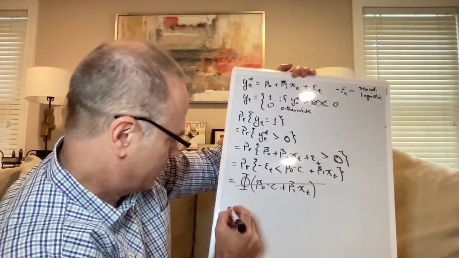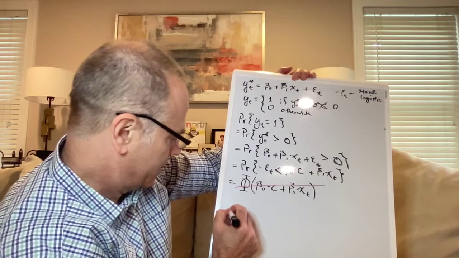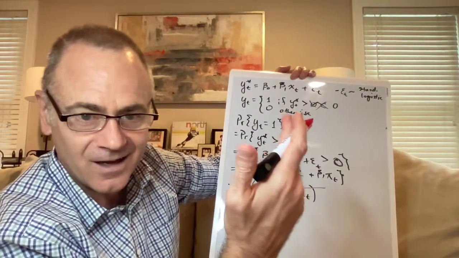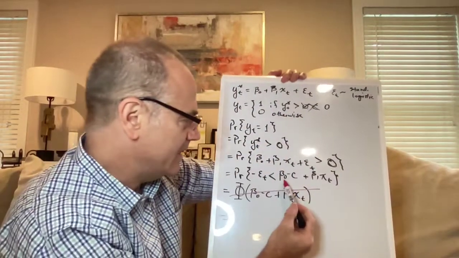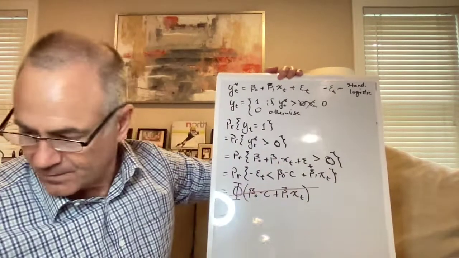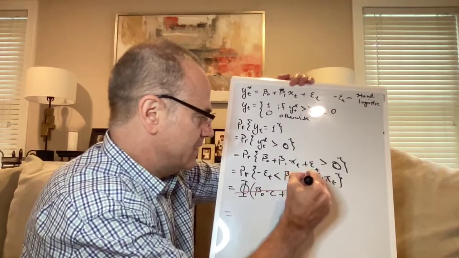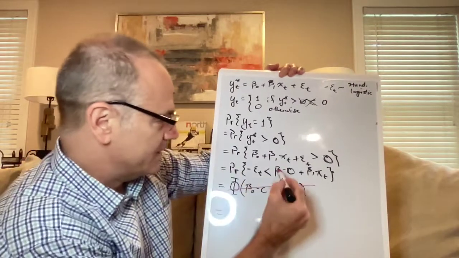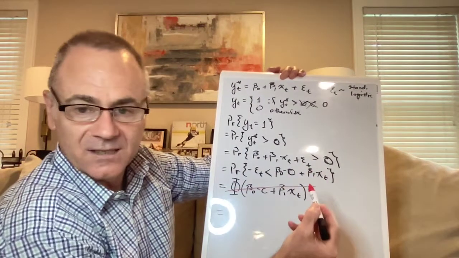All we do is we substitute e to the z, where now z is, and c is 0. Z is just beta 0 plus beta 1 times xt.